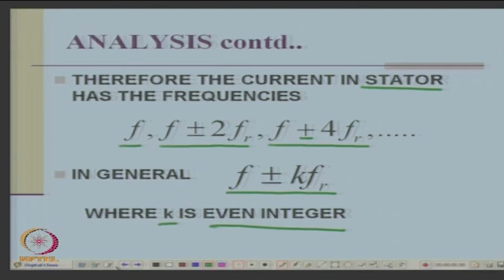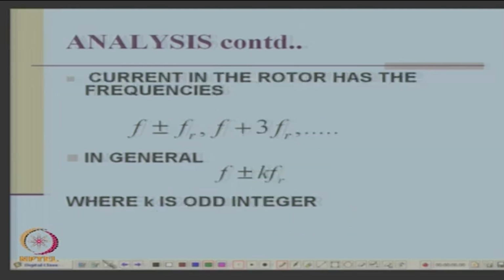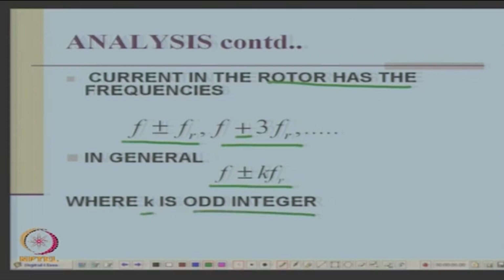Similarly, the rotor has frequencies f plus or minus fr, f plus or minus 3 fr, and f plus or minus k fr, where k is odd. So the stator f will give rise to f plus or minus fr in the rotor, then that will give rise to f plus or minus 2 fr in the stator.